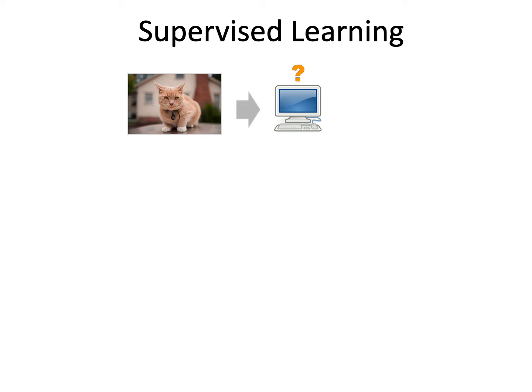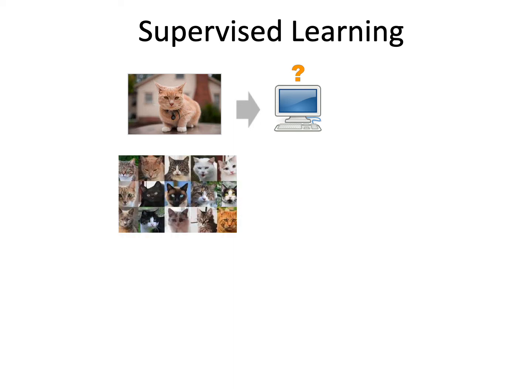However, the machine cannot recognize it just by feeding it to the computer. So what we do is we give computers lots of images, even thousands of images, to make it learn from the images.